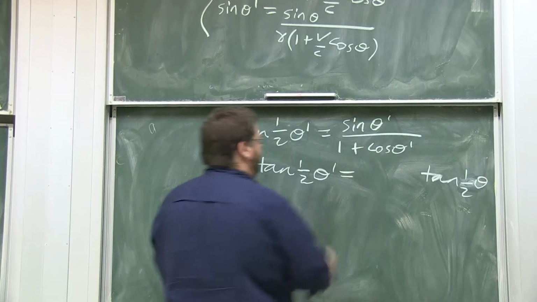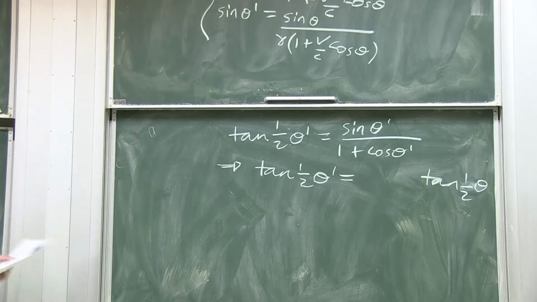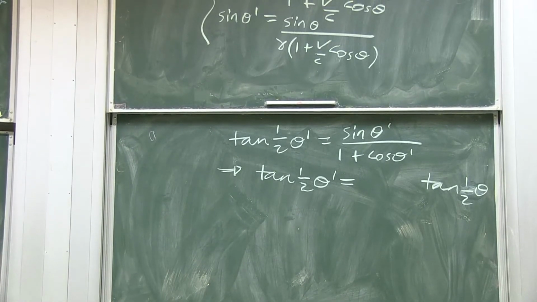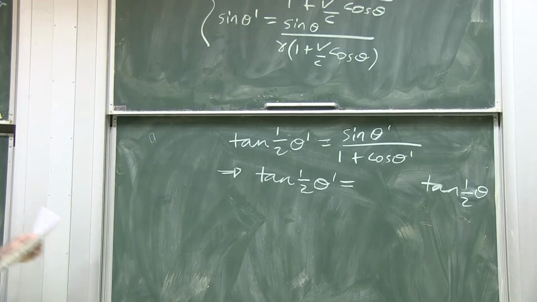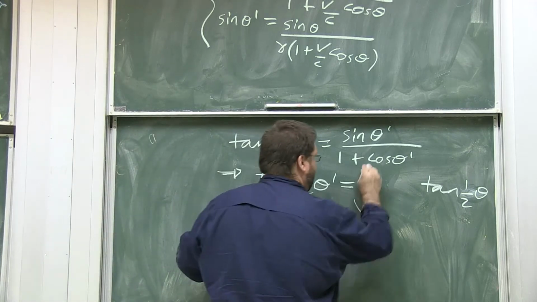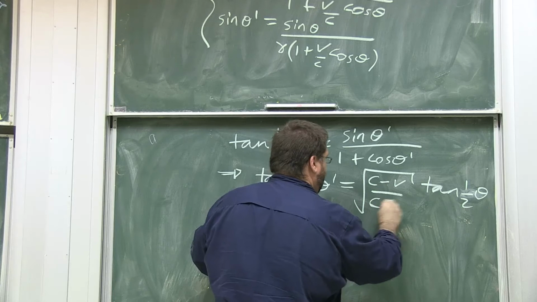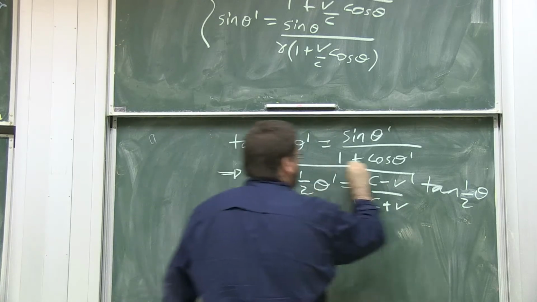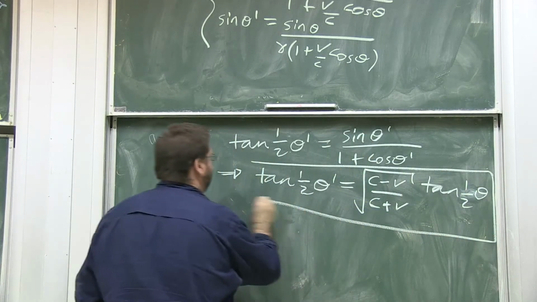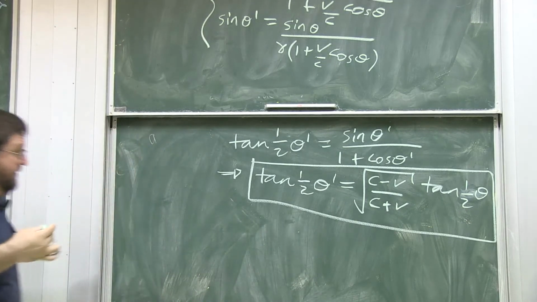Now, if this were true, then theta would equal theta prime. But it's not true. There's a factor that appears, a dimensionless factor, which is a ratio of velocities. And so this is the so-called aberration formula that relates these two angles.